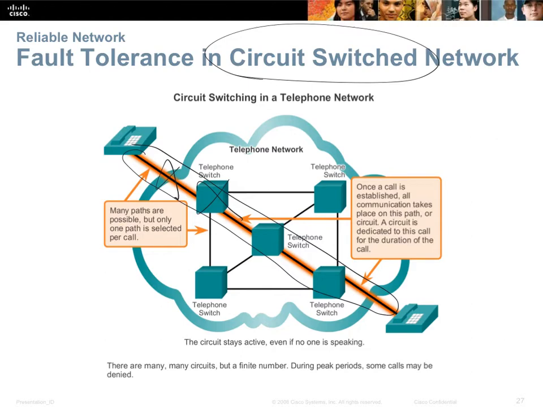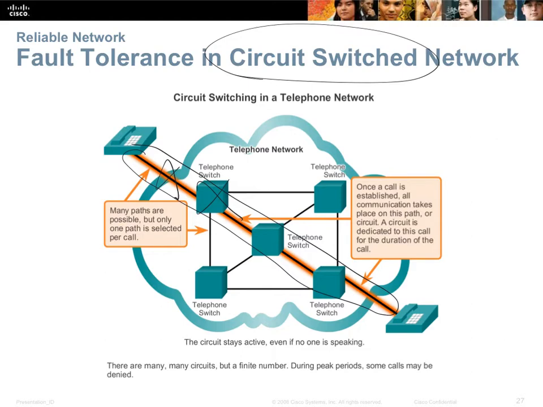That's why for your call you get charged by the time, not by the amount of information, like in the case of data when we exchange data over the internet. Voice calls, you get charged by the time. Why? Because even if you're not using it, you're still consuming the circuit. So it makes sense. But for data exchange, you get charged by the amount of information, which is what we'll talk about in the next slide.